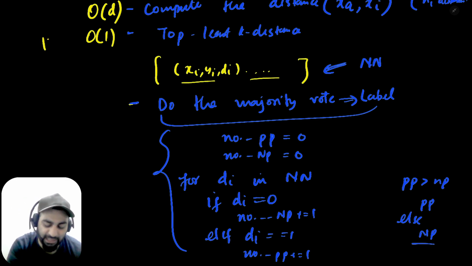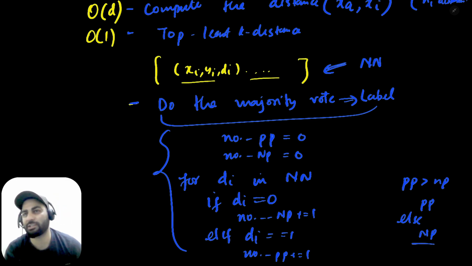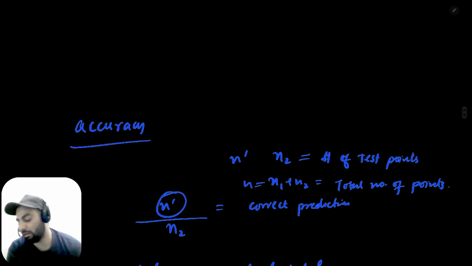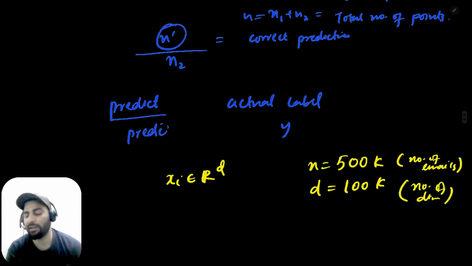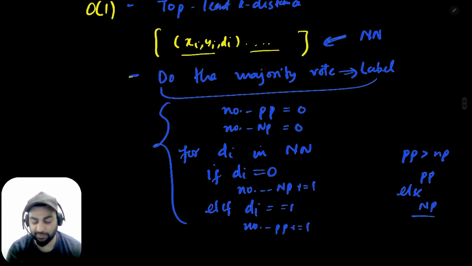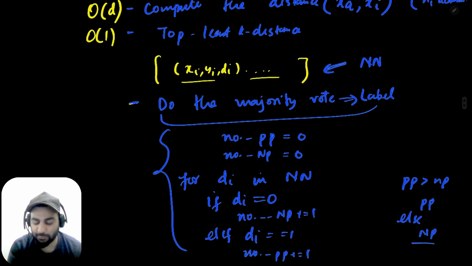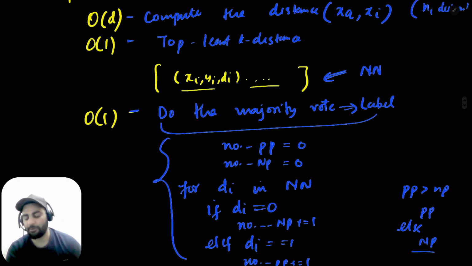We generally consider k to be very, very small, which is why I'm saying order n. If k is in the hundreds or thousands, then we'll have to take k into account. But k generally is 3, 4, 5, 6, 12. Compared to this 500k, the k is very, very small. That's why I'll consider this majority vote also as order 1, because you'll have to do majority vote on maybe, for example, 12 points.